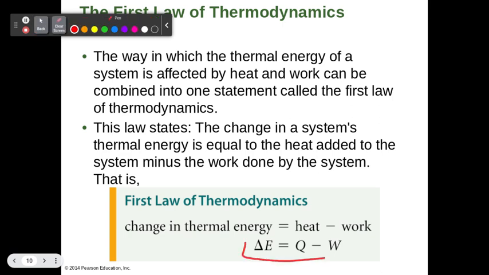So our change in energy is equal to Q minus the work done. So this is basically stating the first law of thermodynamics. This law says that a change in a system's thermal energy is equal to the heat added minus the work done. Okay, so again, you're not creating or destroying energy, you are only having it change its forms, heat and work. So the change in energy is equal to the heat added minus the work done.